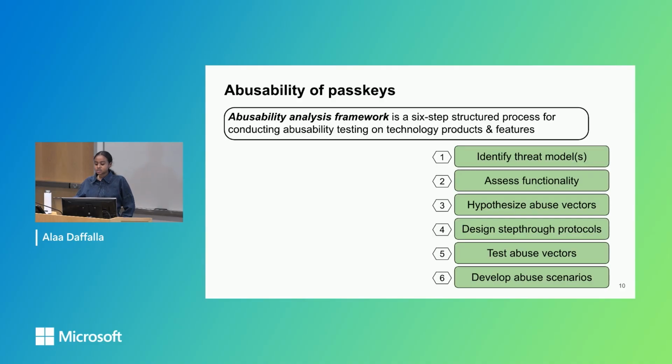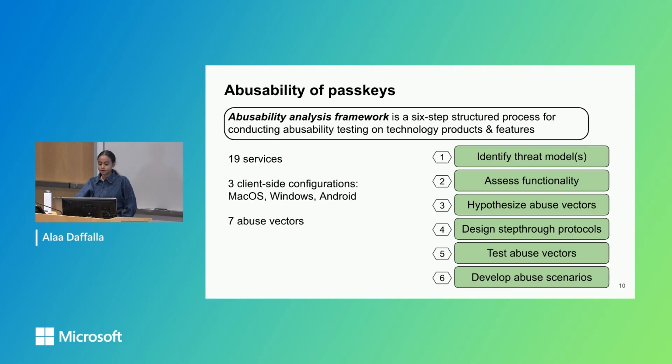Then we applied this 6-step process to test the abusability of passkeys on 19 passkey-supporting services and across 3 client-side configurations. These are a macOS client-side configuration, a Windows one, and an Android. And in this work, we surfaced a total of 7 abuse vectors following this 6-step process.